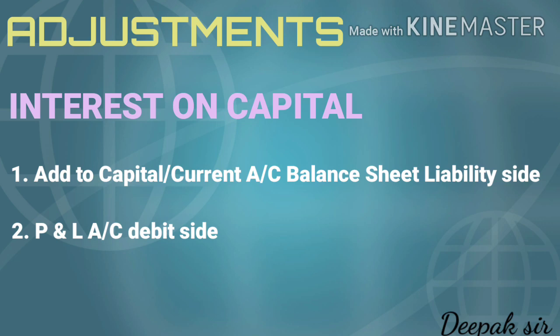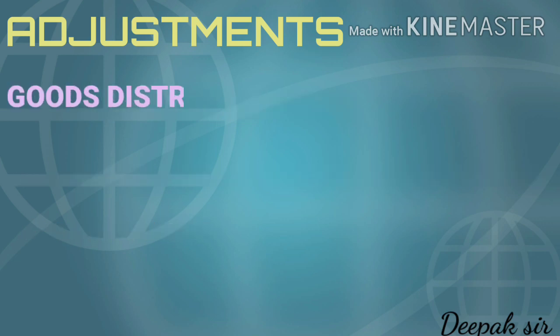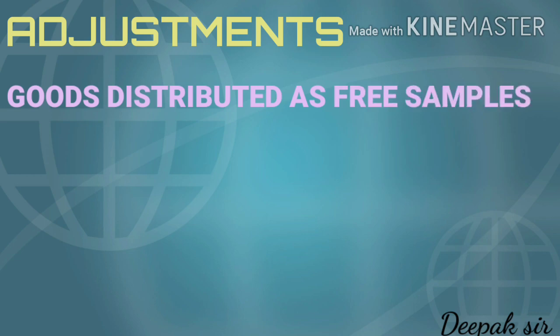Now let us see few adjustments which are given on the goods. Adjustments such as goods distributed as free samples. Since goods are distributed as free samples, it is an advertisement, and while distributing, the goods go out.